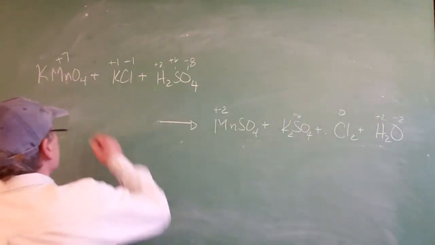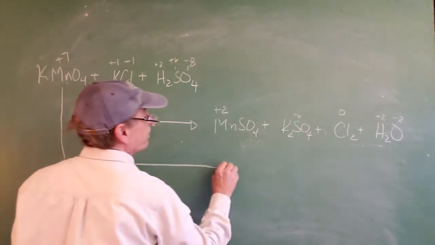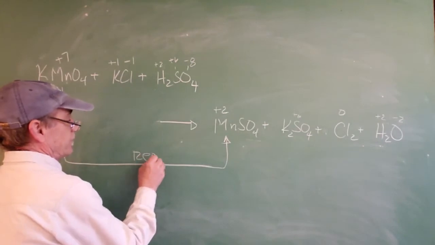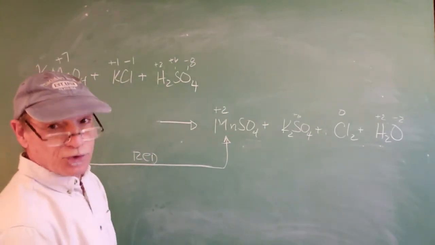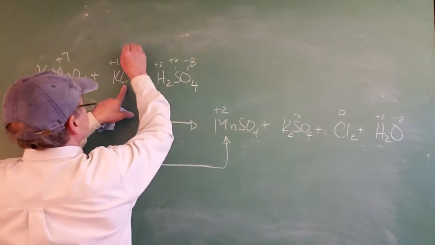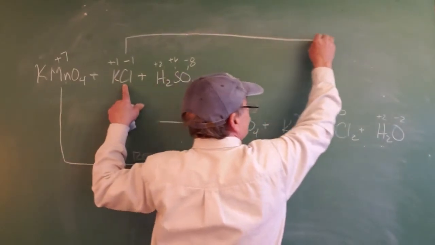Oh, let me duck down here. I'm going to go ahead and put our arrow down here. It appears that here's our reduction. Well, our oxidation was what I mentioned before, the chloride. Now, at this point, here's the oxidation down to the chlorine.